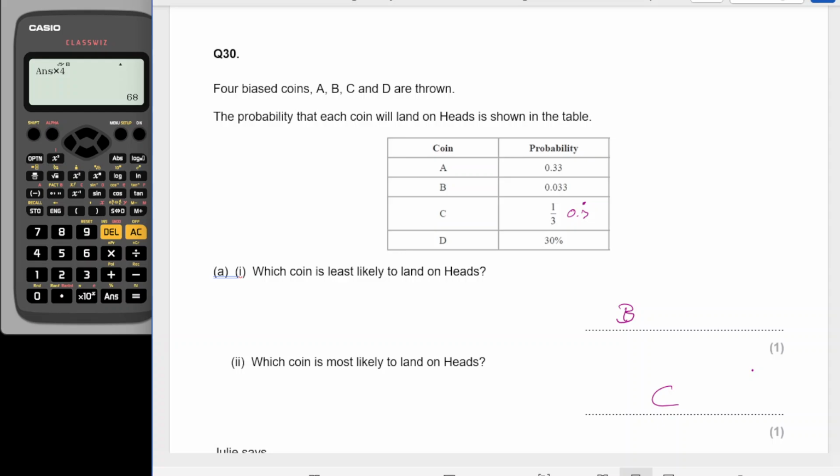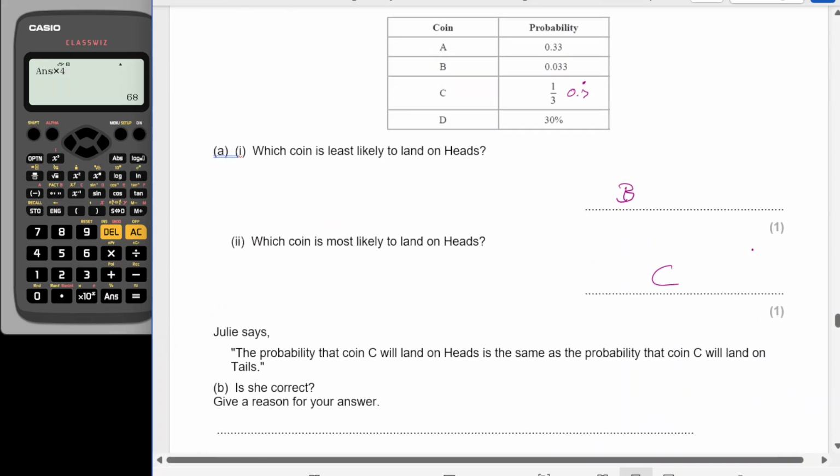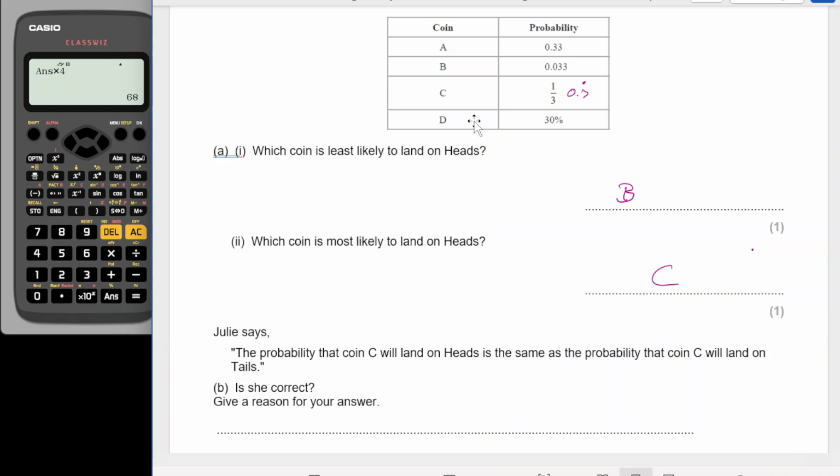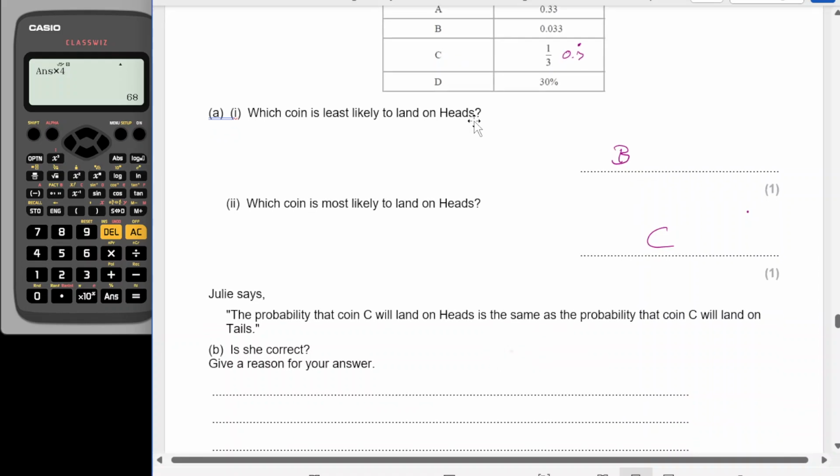Got another part to that question. Julian says the probability that coin C will land on heads is the same as the probability that C will land on tails. Is she correct? Give reasons for your answer.